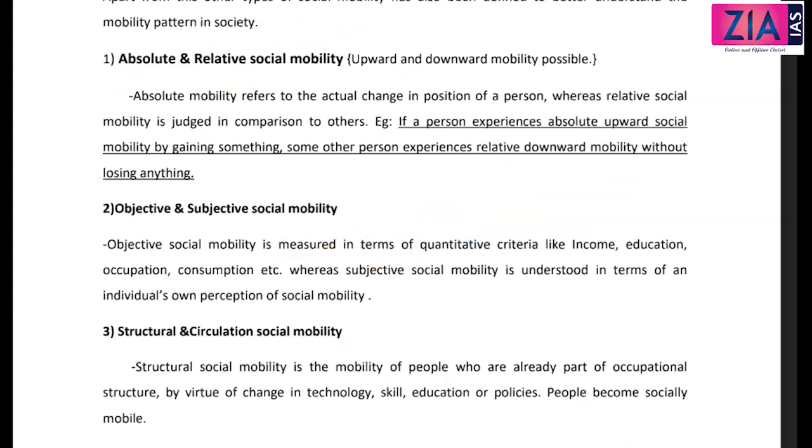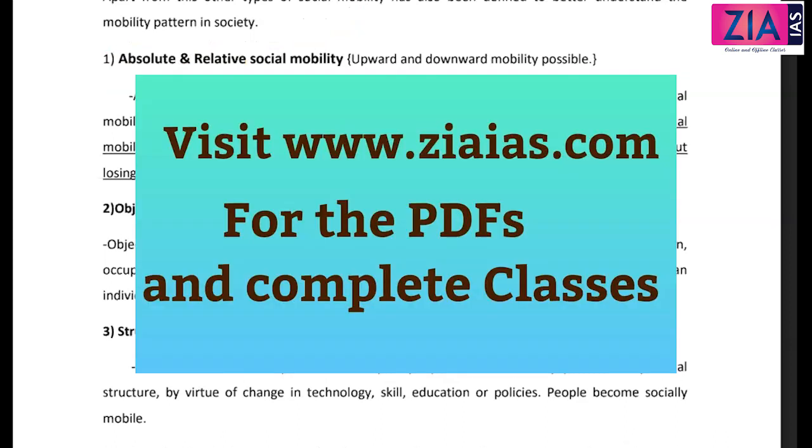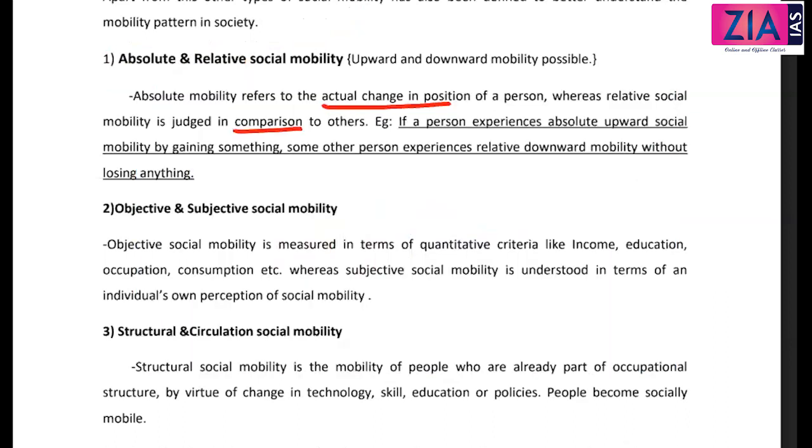Absolute mobility refers to the actual change, whereas relative social mobility is judged in comparison to others. If a person experiences absolute upward social mobility by gaining something, some other person experiences relative downward mobility without losing anything. I hope this is clear.